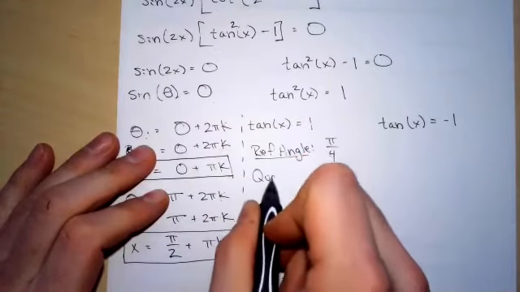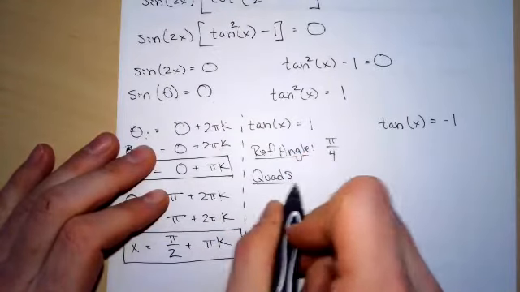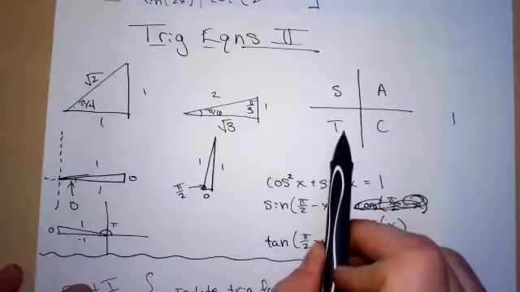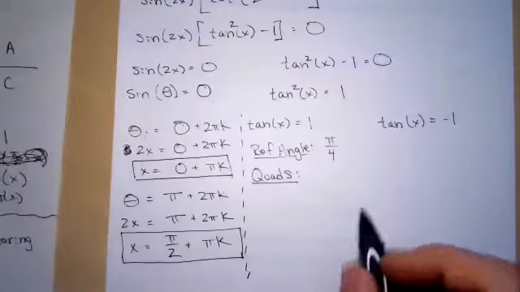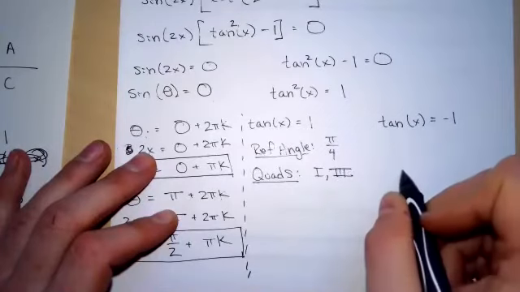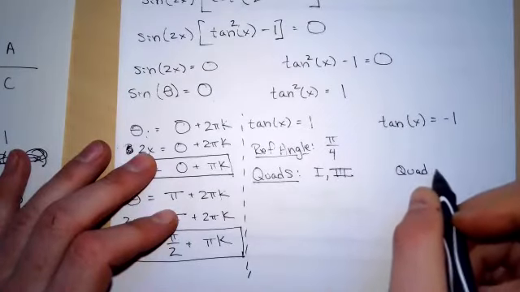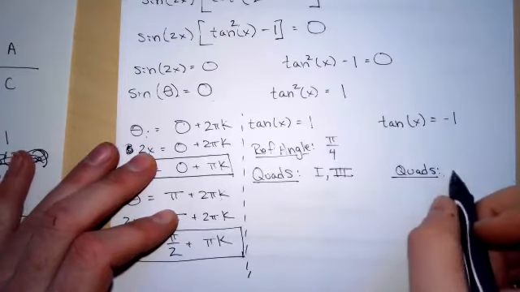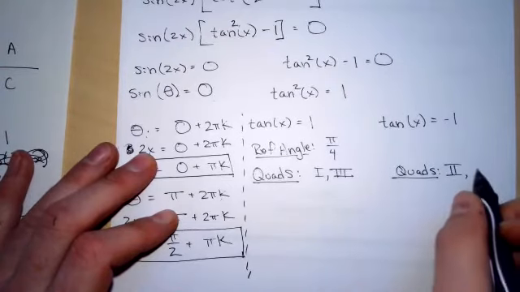The quadrants are going to be a little bit different, though. So where is tangent positive? First and third quadrant. Whereas tangent is going to be negative in the other two quadrants, so 2 and 4.